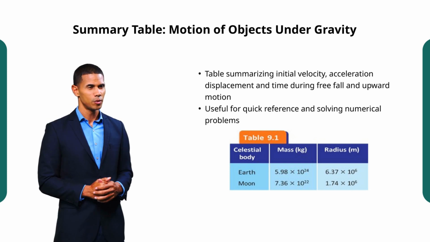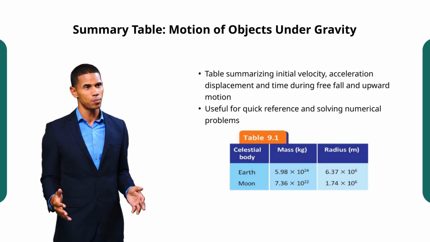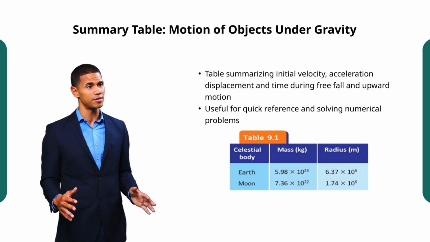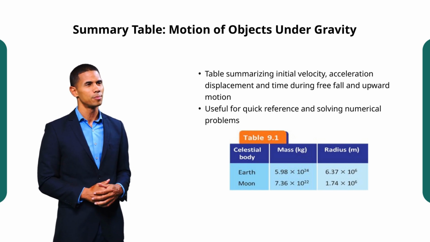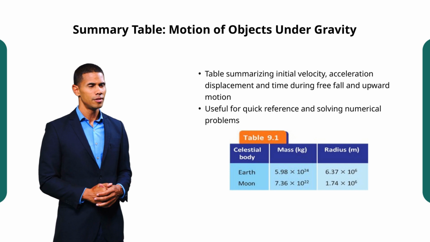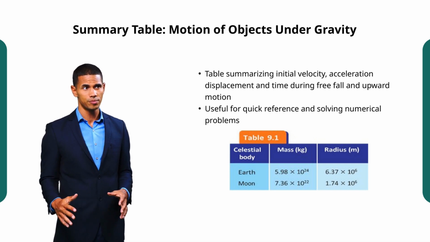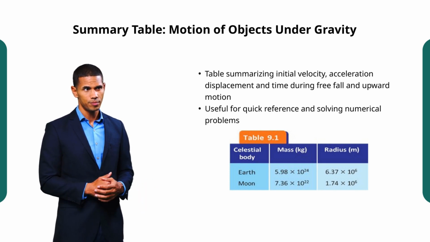Here's a handy table, Table 9.1, summarizing the key variables and signs used in free fall and upward motion. Notice the initial velocity is 0 when an object is simply dropped, but positive when thrown upwards. Acceleration due to gravity g is positive when acting downward in free fall, but negative, opposite velocity, when slowing an upward moving object.